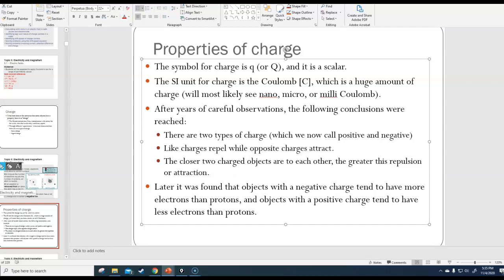Once we discovered electrons, it was eventually discovered that objects that have a negative charge have it because they tend to have more electrons than protons. And objects with a positive charge, it's not that they've gained extra protons, it's that they have lost some electrons.